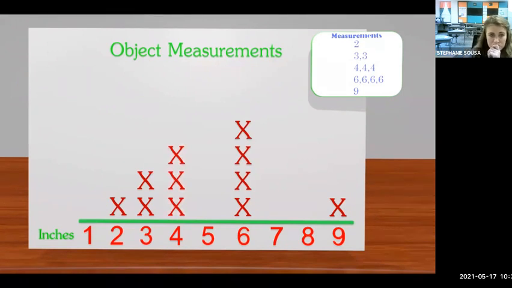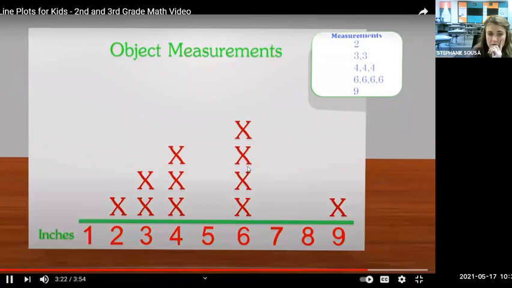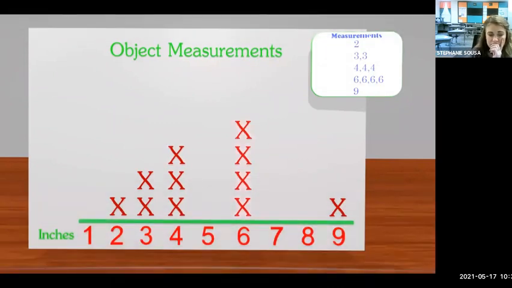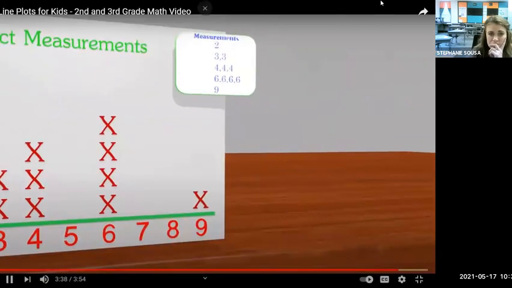So with this information, can you guys tell me how many objects did we have that measured 6 inches long? 1, 2, 3, 4. Great job! We had 4 items and we can see that in this line plot. We look at the 6 and above the number we see 4 X's, which represent the 4 items that measured 6 inches. Great job, guys! Thanks for your help. We'll see you next time. Goodbye.